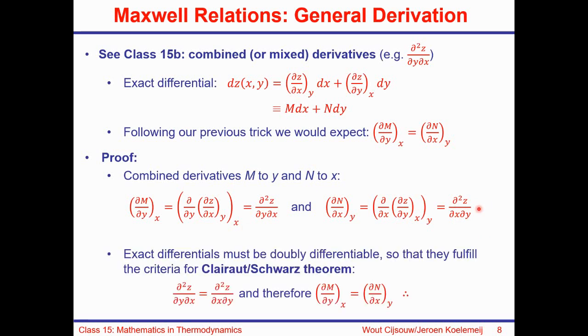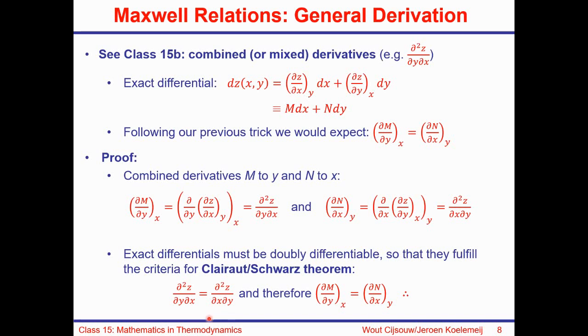Now, there is something that we perhaps should have told you when we talked about total differentials and their specific properties and requirements. One requirement for a total differential or an exact differential is that these are functions that are at least doubly differentiable. And if they are, then they automatically fulfill the criteria for the so-called Clausius-Schwarz theorem, which says that a mixed partial derivative like this is equal to this mixed partial derivative.